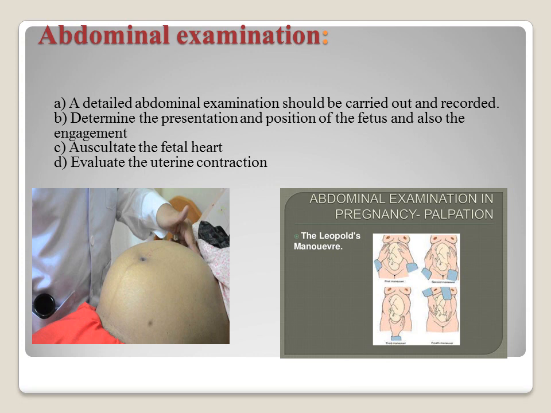We put them in the lower part of the abdomen, just around the symphysis pubis, and determine which part we feel, and we determine the engagement of the baby by the second pelvic grip examination. This we call the Leopold maneuver. We should do it. لازم نسوي mapping to the fetus within the abdomen.